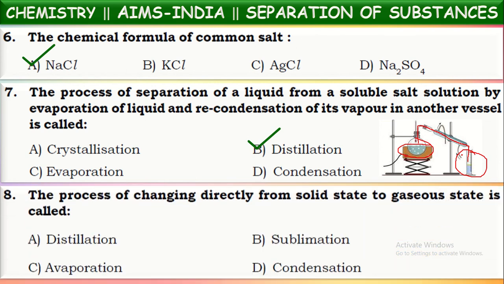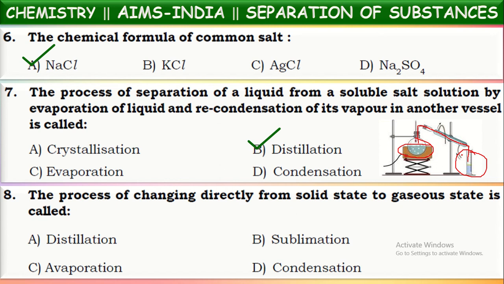Next, the process of changing directly from solid state to gaseous state is called what? There are some substances which on heating convert from solid into liquid state and then into gaseous state. In the reverse, gaseous components on cooling convert into liquid state, and on further cooling, these liquids convert into solid state.